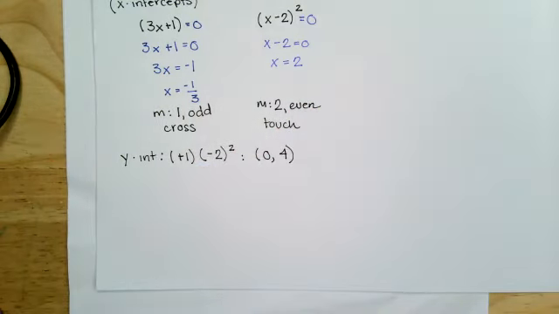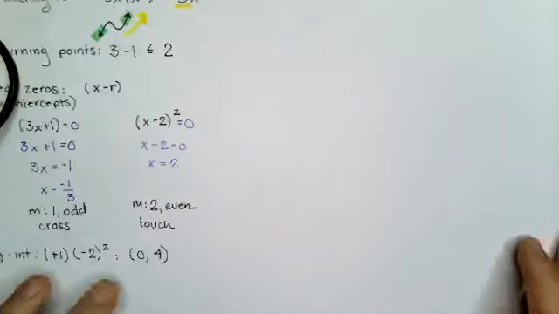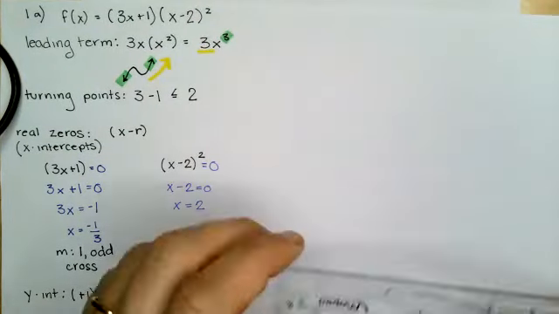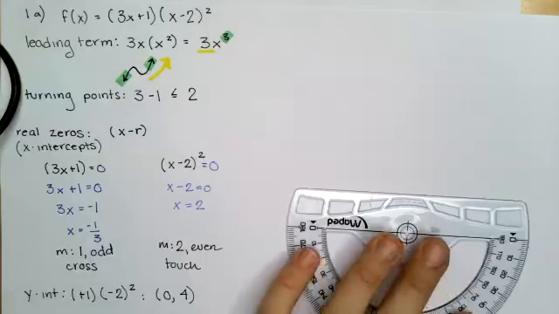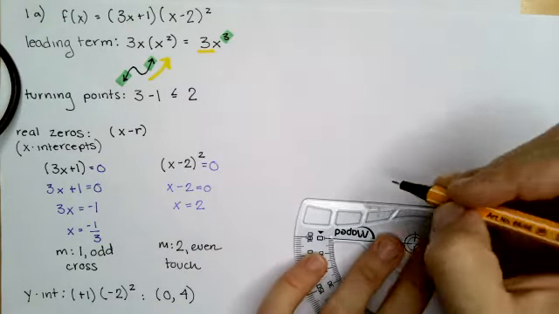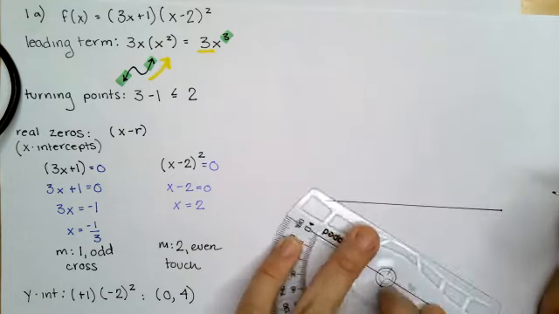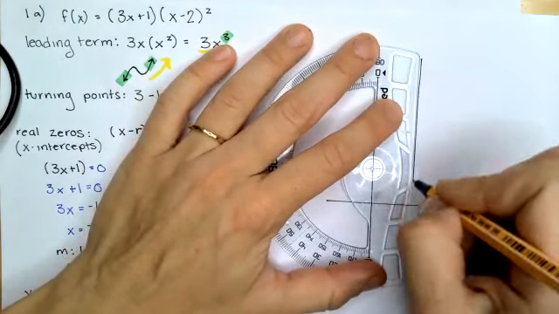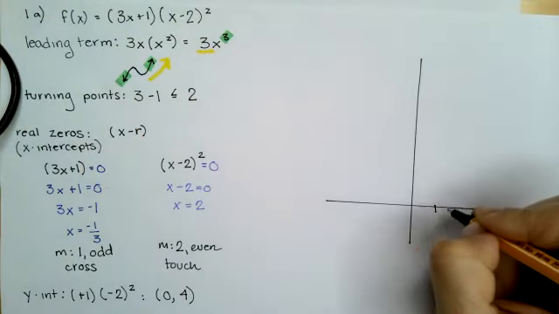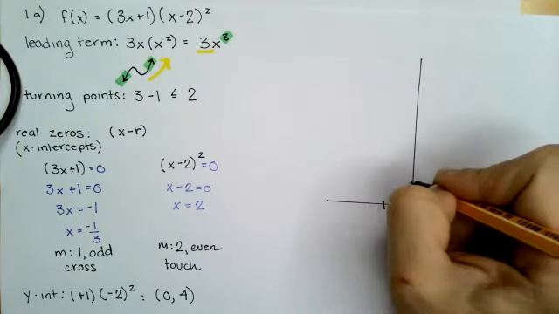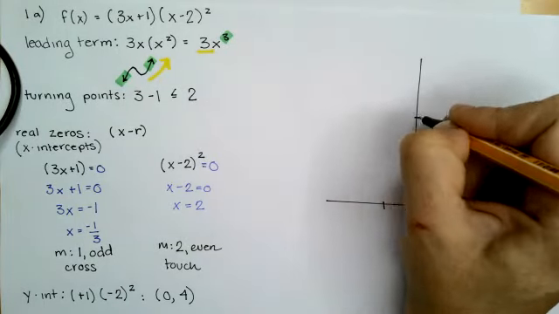That is enough information to graph this situation. Good, shall we try? So we're saying 0, 4, 2, and negative 1/3. All right, straightforward. I'm very bad at spacing these.